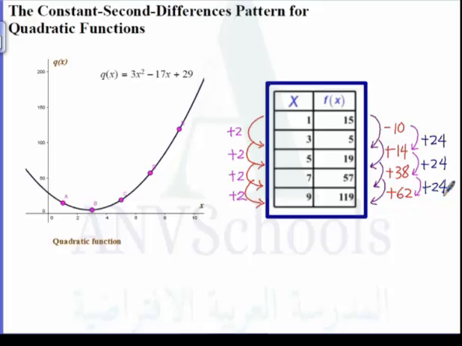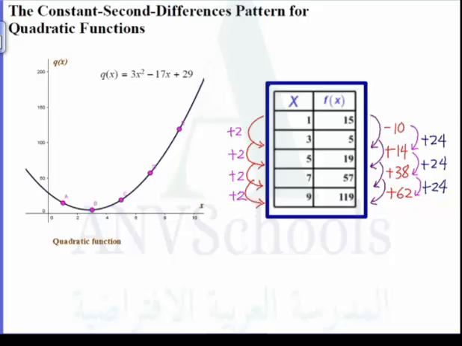So therefore, the differences between the corresponding y values are now equally spaced. So the differences between these differences, the second differences, are constant, and this constant is equal to 24.